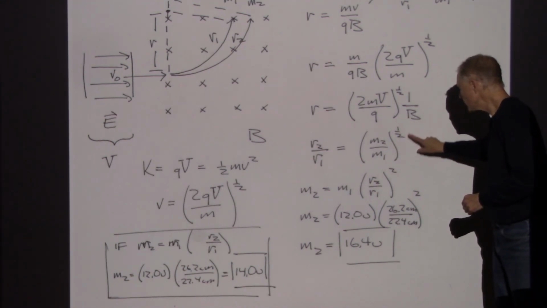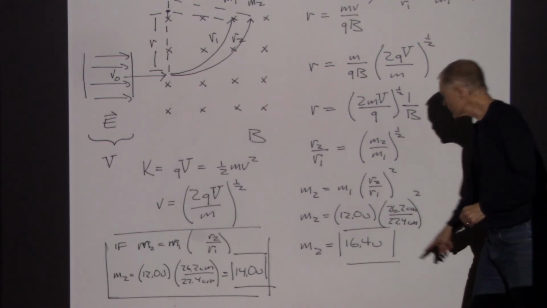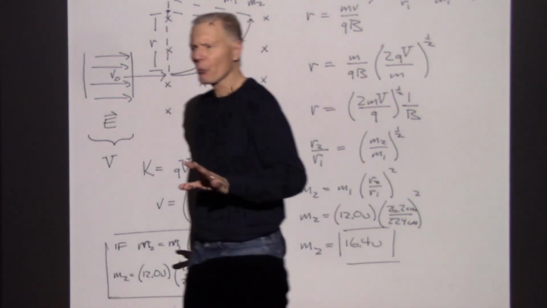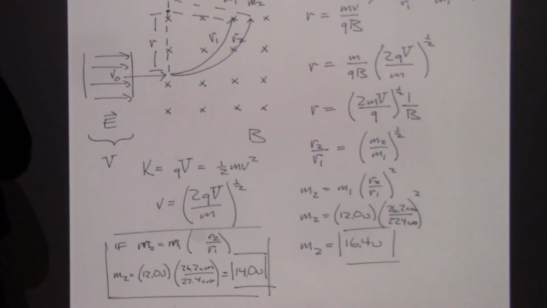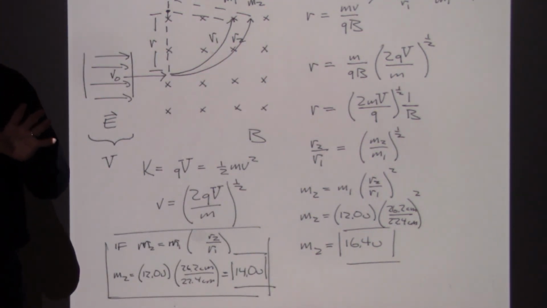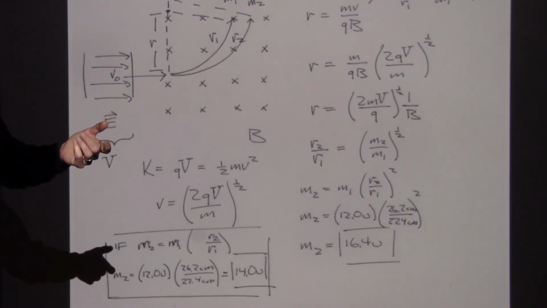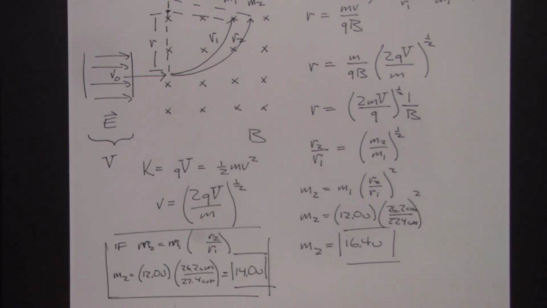Now if I put those numbers in, it says that the mass that came through is 16.4. 16.4 is not a good number. Any atom that shows up should have an integer number of protons and neutrons, so 16.4 doesn't work. It's kind of halfway between a mass of 16 and a mass of 17. So they intended for us to do the simpler approach, and that's the one that gives us an answer that's actually an integer.